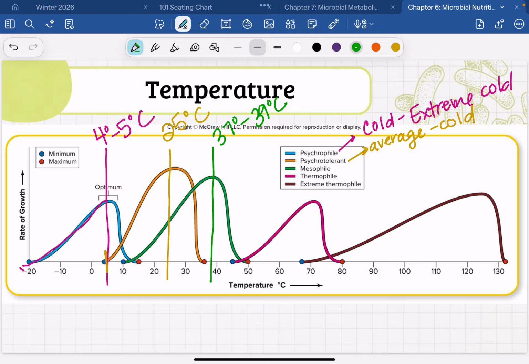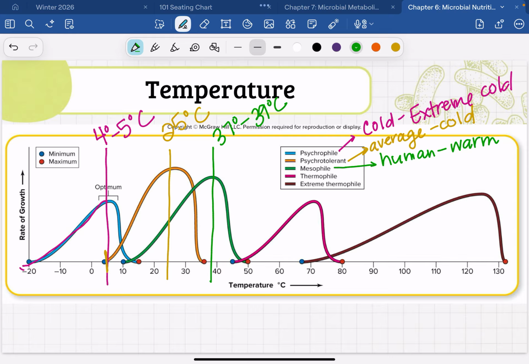The human body is at about 37 to 39 degrees Celsius, or about 98 degrees Fahrenheit. So these I kind of label as human to warm. Okay, so they like things a little bit warmer than average or warmer than room temp, but they don't like extreme heat.